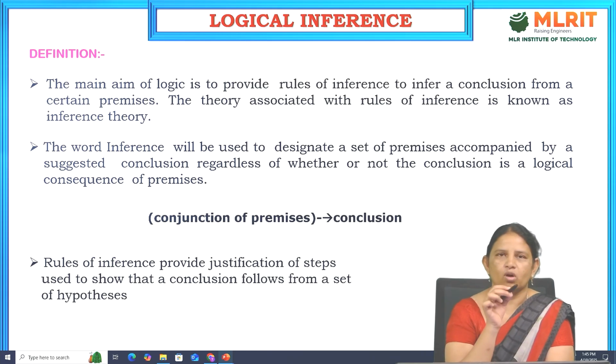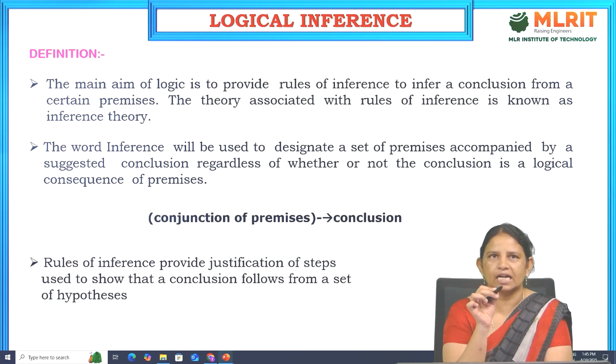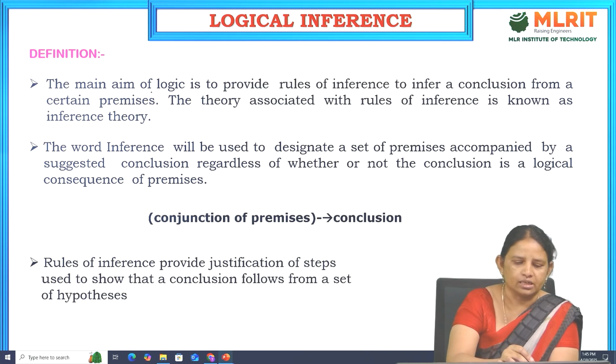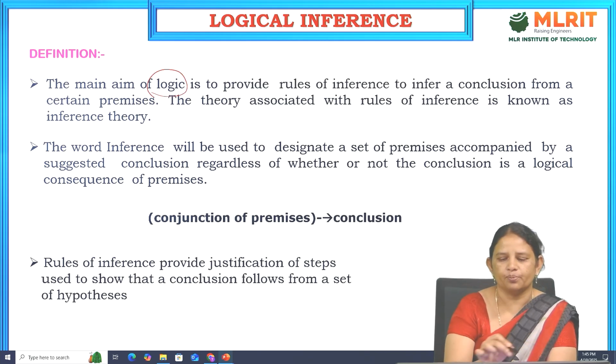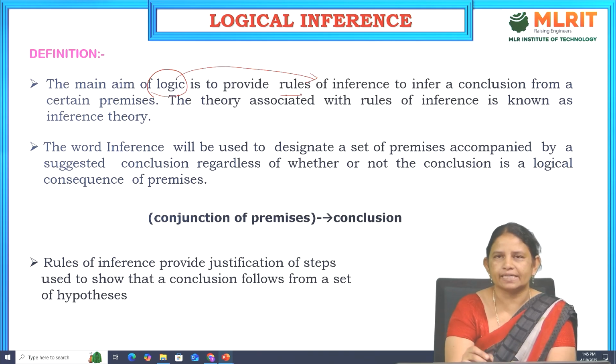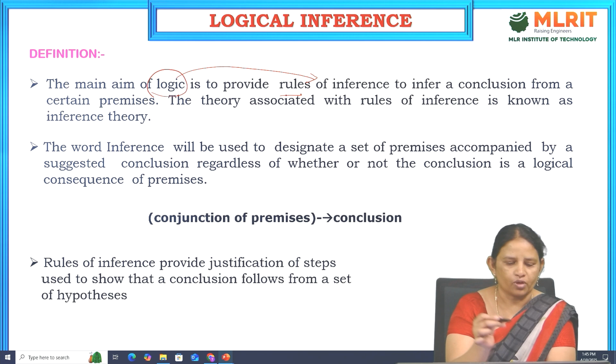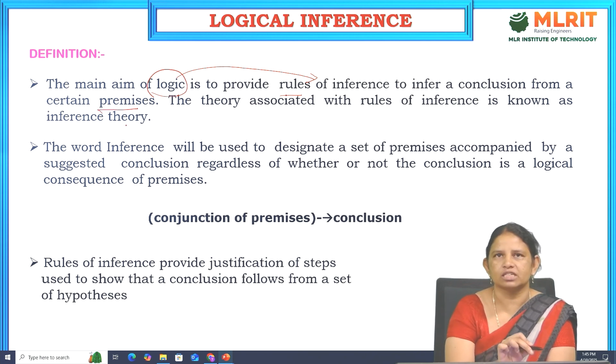First of all, what is the definition of logical inference? How to derive the logic? With the help of some set of rules. If the set of rules can derive the conclusion from the premises, then it is called a logical inference.